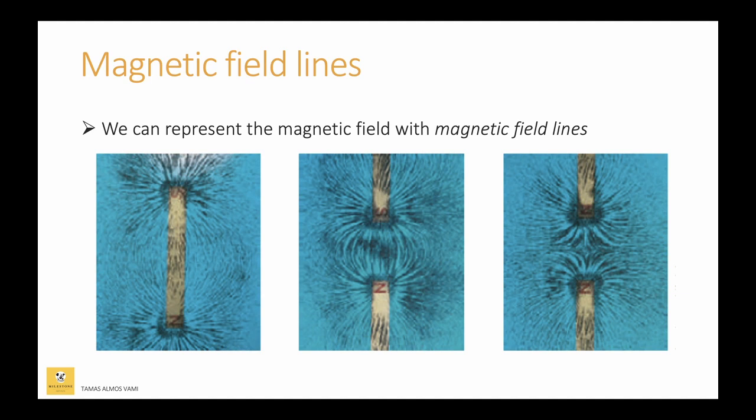So in the bar magnet, we have a north and a south pole, and they act as if they are a dipole. So the field lines look very similar to the electric field lines of the electric dipoles.